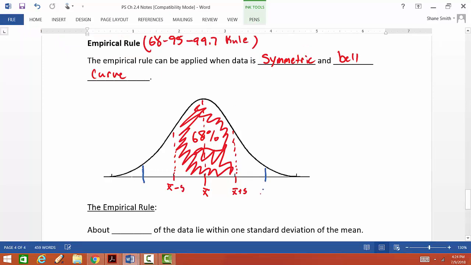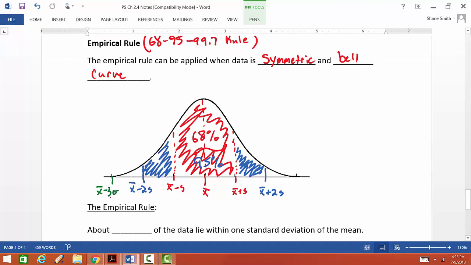If you go out 2 standard deviations away from the mean, so if you add 2 standard deviations and you have bell-shaped data, you now have 95%. So that is the red area and the blue area now. And then finally, if you go out 3 standard deviations, that's almost all of it, right?